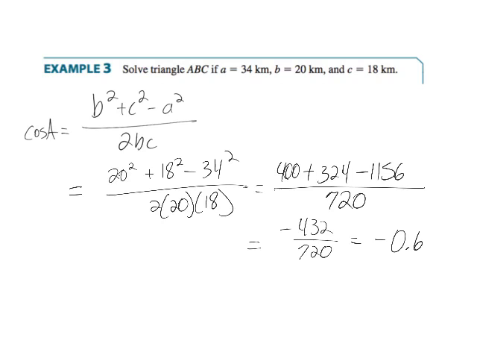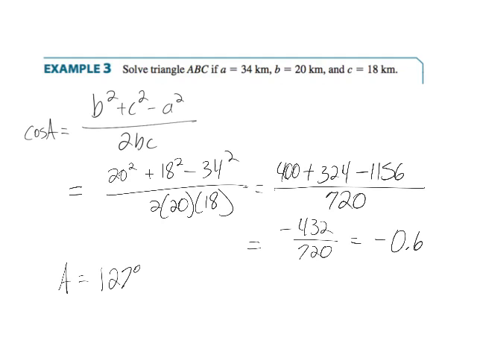If I do an inverse cosine for that, my calculator, if you've got a negative value in there, will give you the second quadrant angle, so it winds up giving you the right one. Angle A is going to be equal to 127 degrees. So it is in fact obtuse, and that's fine.